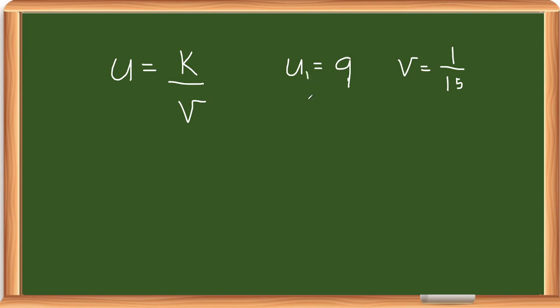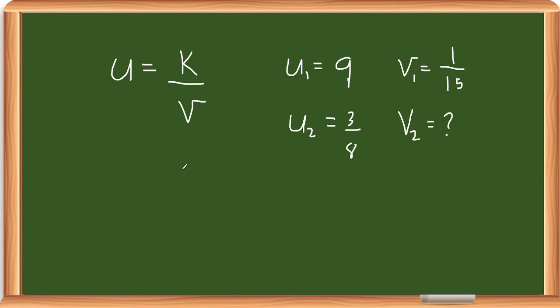This is u sub 1, v sub 1. Okay? You have to find v. So, yung v sub 2 mo is unknown. We have to look for v sub 2 when your u is 3 over 8. So, yung u sub 2 mo is 3 over 8.